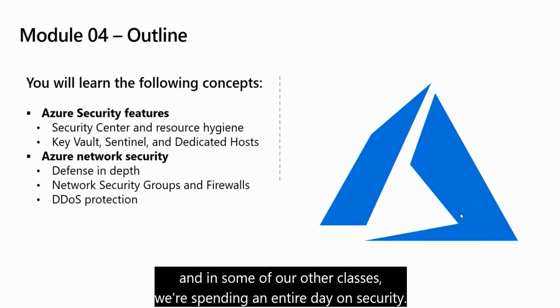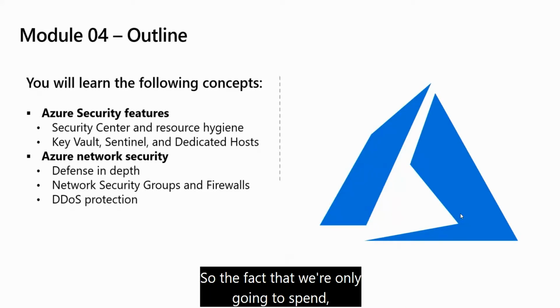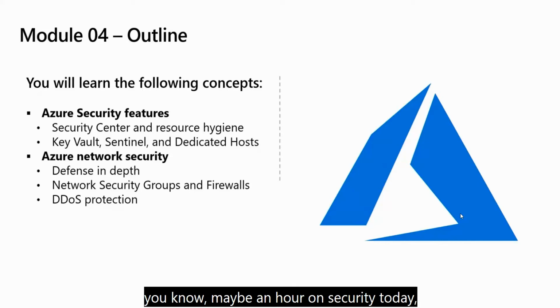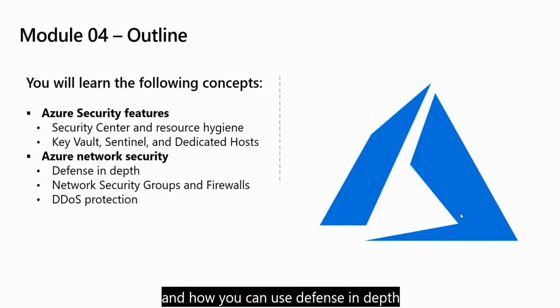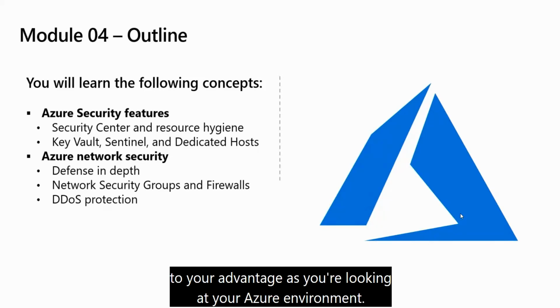And in some of our other classes, we spend an entire day on security. So the fact that we're only going to spend maybe an hour on security today, please know that this in no way is the full security offering within Azure. But we'll take a look at some of the key features and how you can use defense in depth to your advantage as you're looking at your Azure environment.